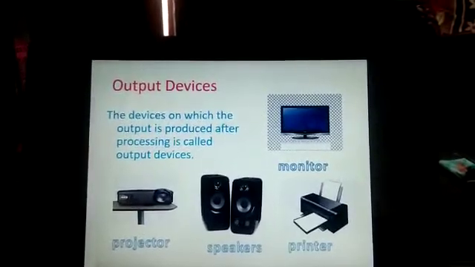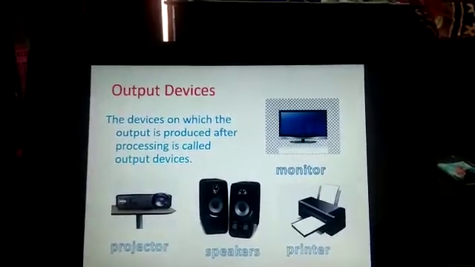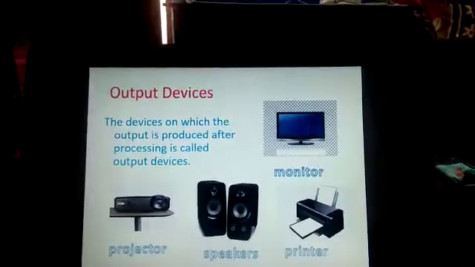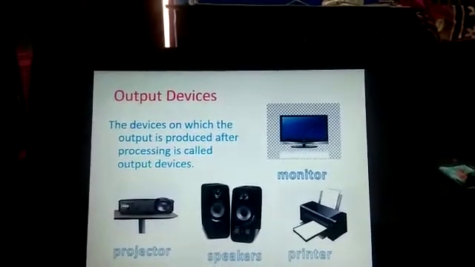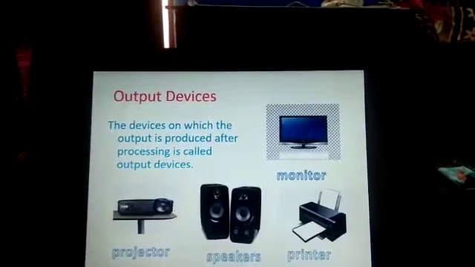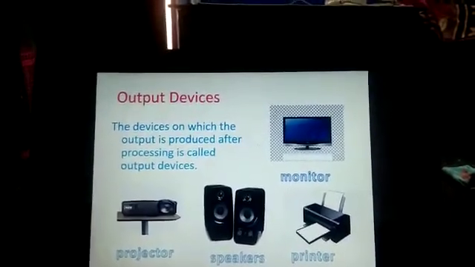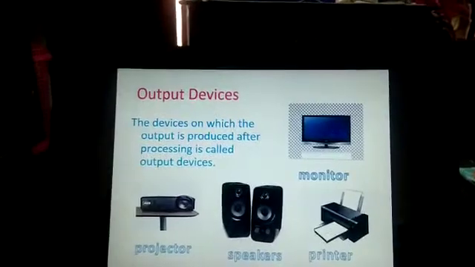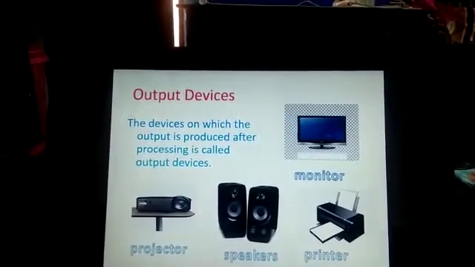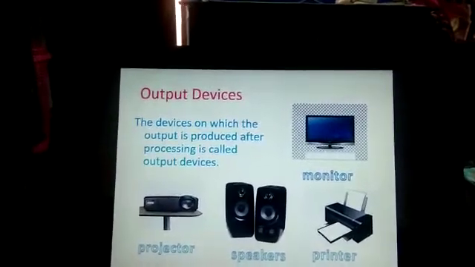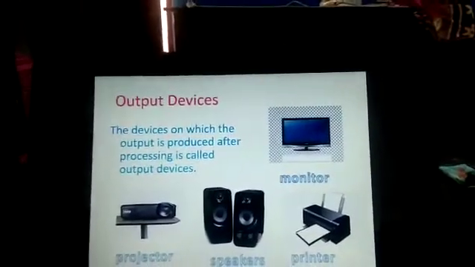Then printer. The printer helps us to take output on a sheet of paper. This printed paper is called hard copy of the document. Next is speaker. Speakers give the output in the form of music or sound which you listen to on your computer.